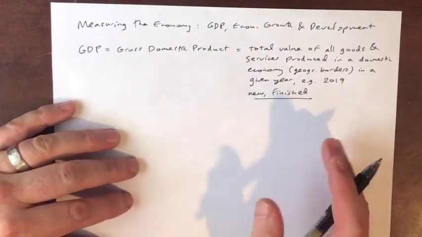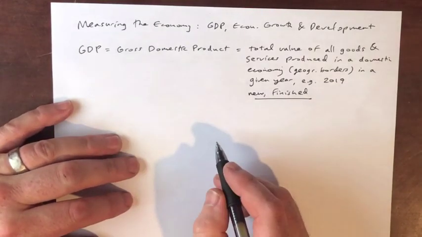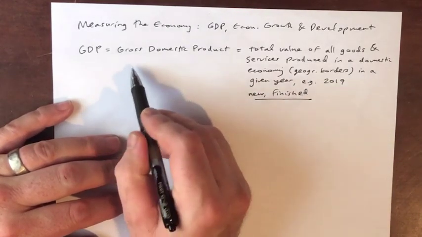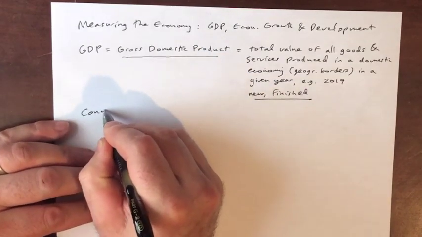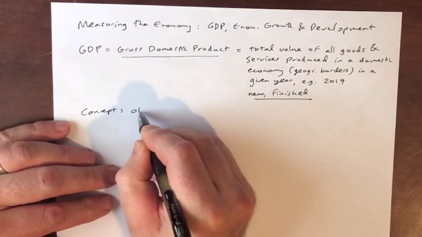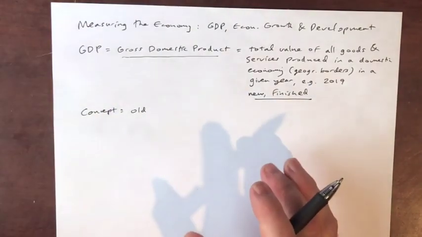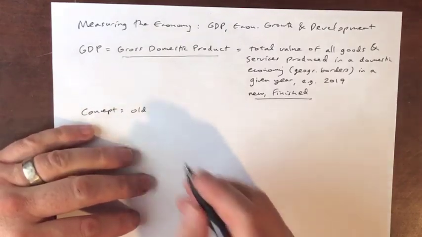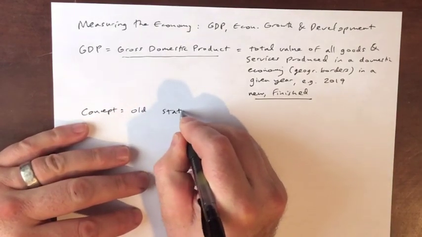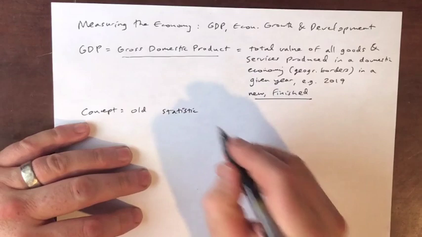The concept of GDP, the concept of the economy's total product, is quite old. Economists have been talking about the total product of the economy for a long time, but the actual statistic is much more recent.